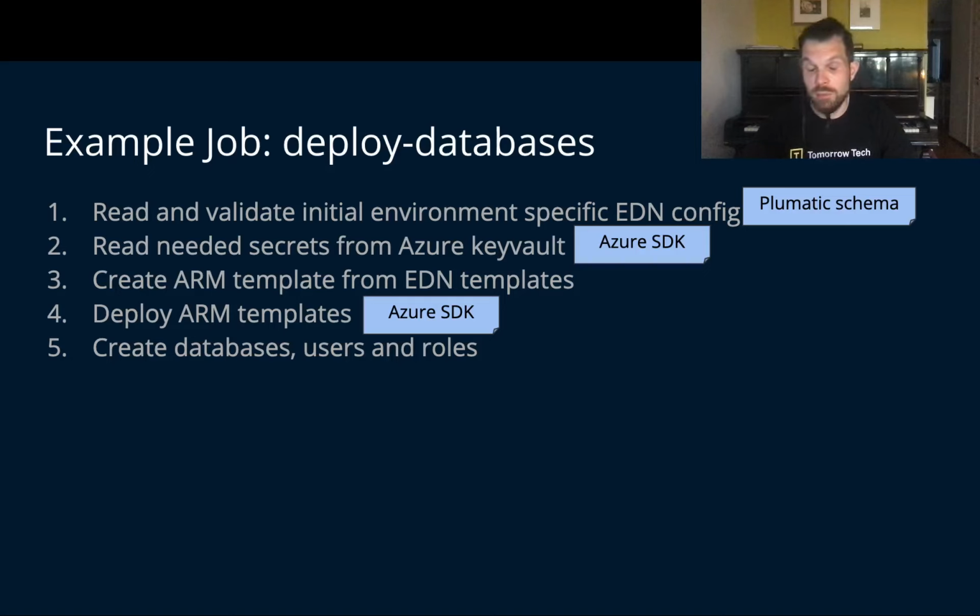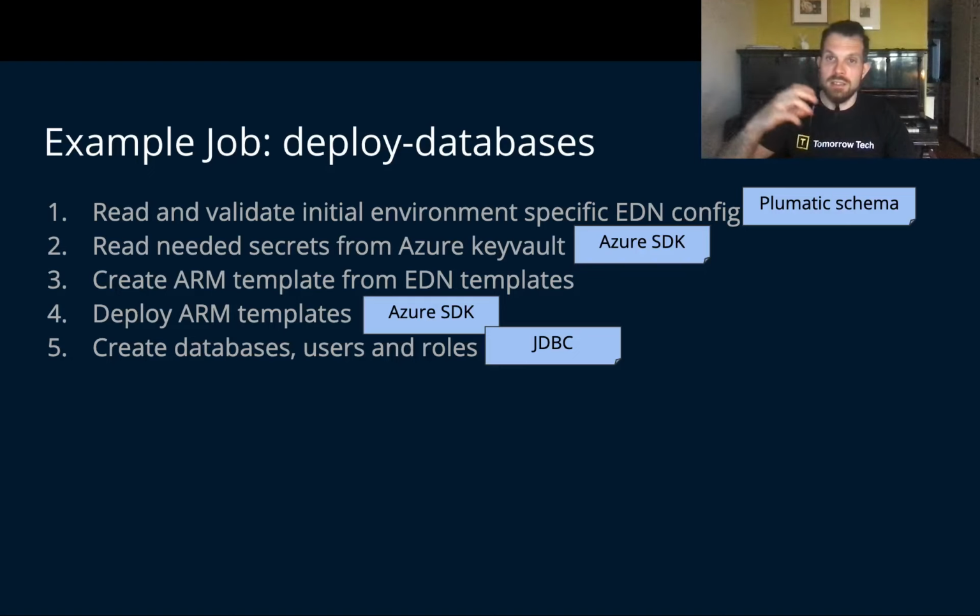The servers create more databases there, create users, create roles. So obviously we use JDBC for that, and this is another client that we have written inside CLJ Azure. So we have different kinds of parts there that we can then use in different jobs.